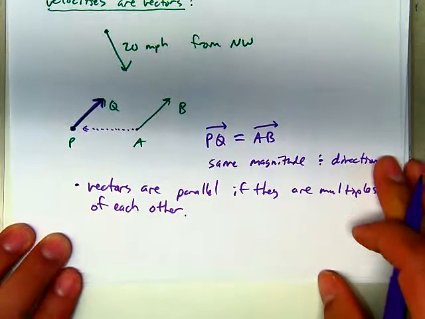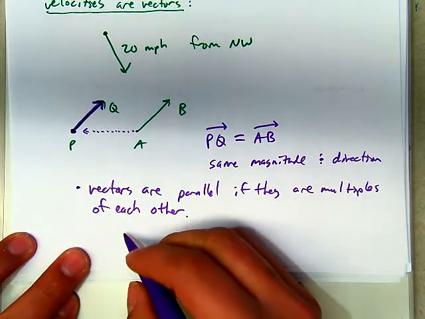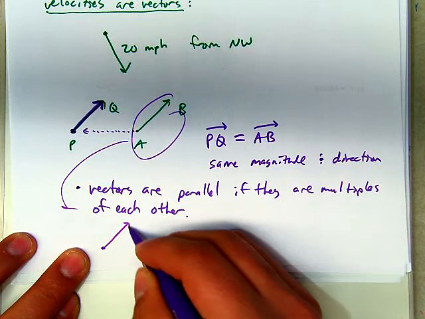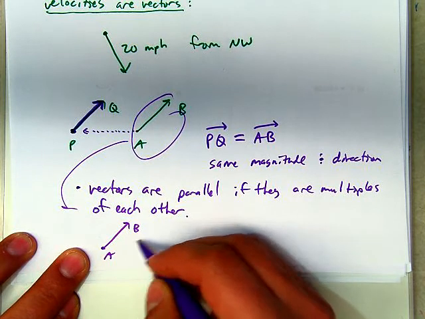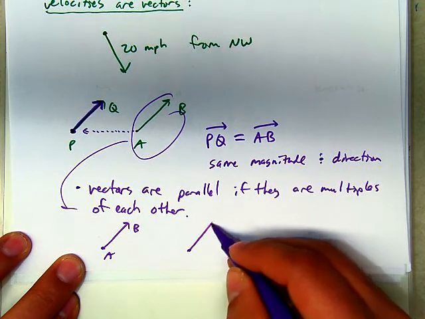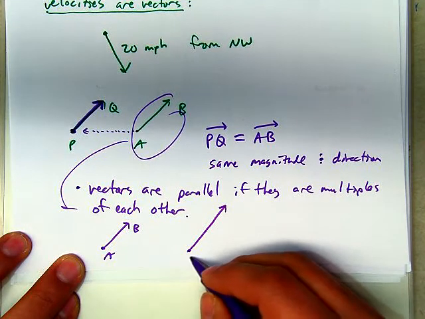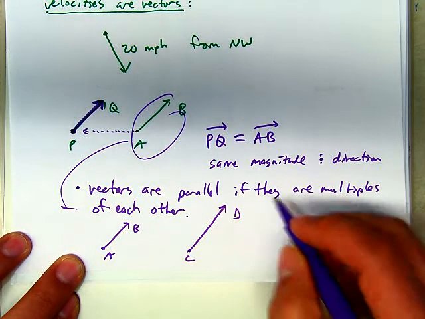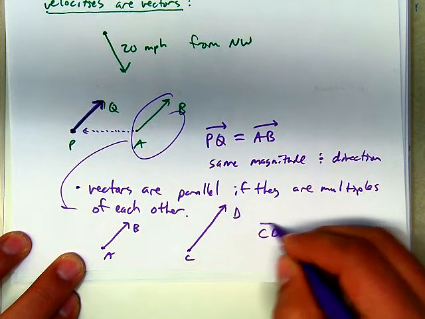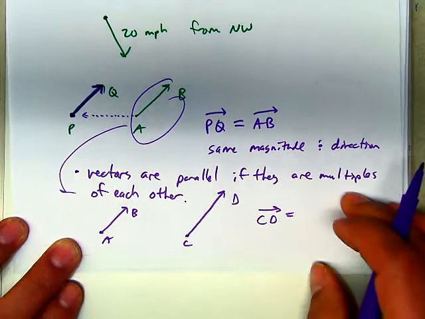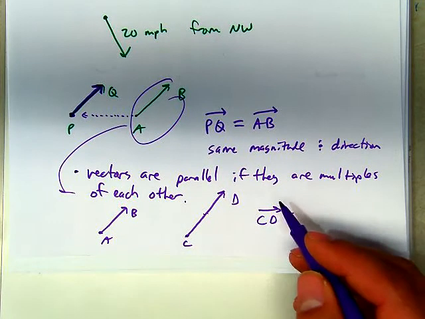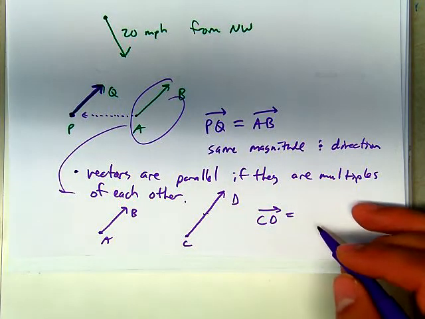So for example, if I have vector AB, let's take it and move it down here, and I drew a vector that was the same direction, let's say, and call it CD. Again this is just an approximation here, CD looks like maybe it's about twice as large as AB, so we would say that it's maybe double AB.